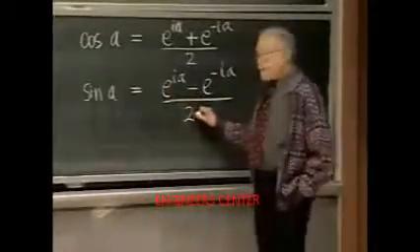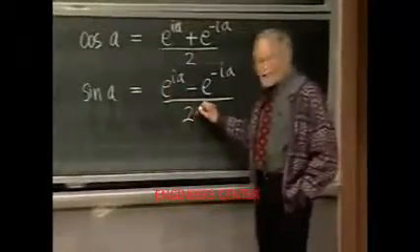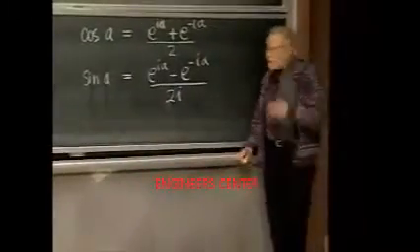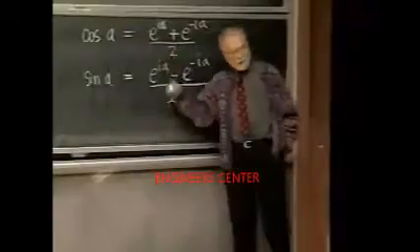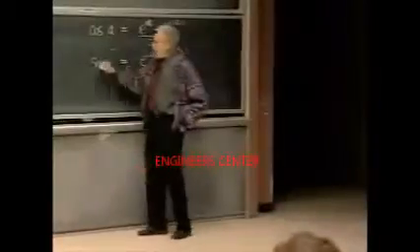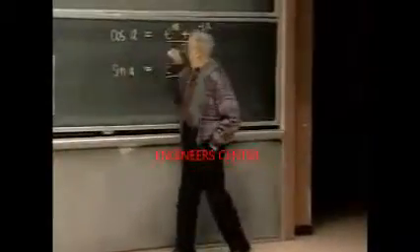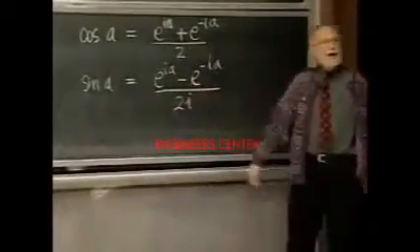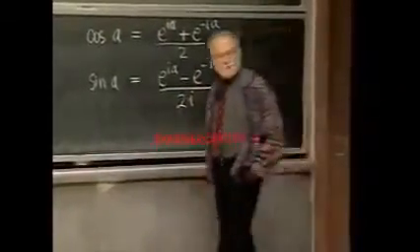And what everybody forgets, you have to divide by i. So this is the backward version of Euler's formula. The two of them taken together are equivalent to Euler's formula. If I took cosine A, multiplied this through by i, and added them up, on the right-hand side I'd get exactly e to the iA. I'd get Euler's formula, in other words.